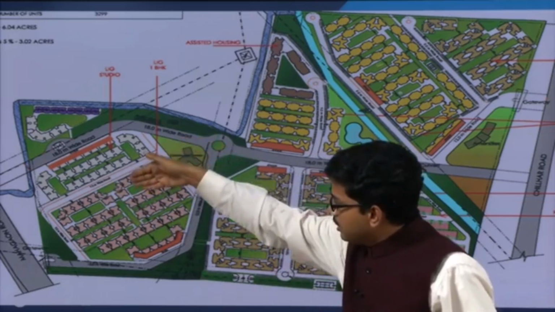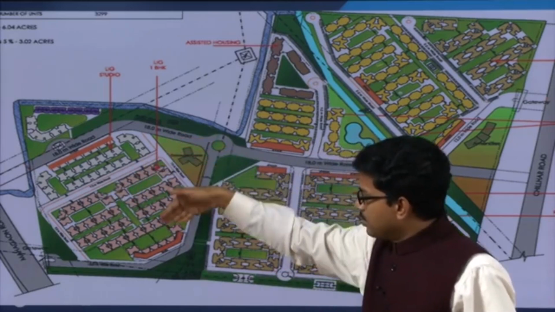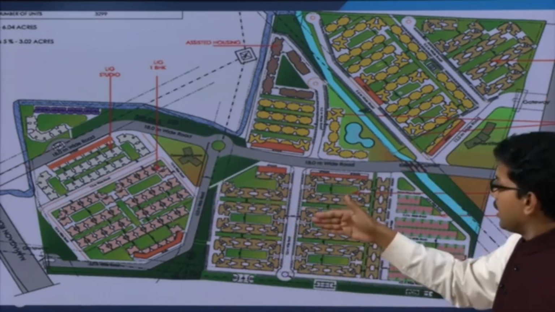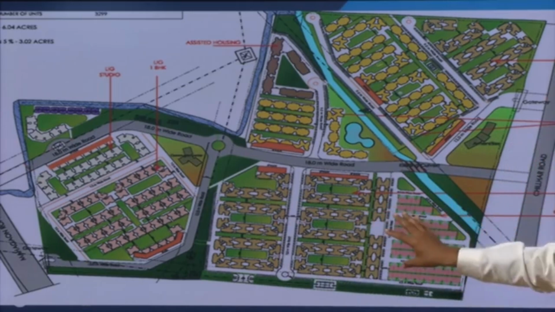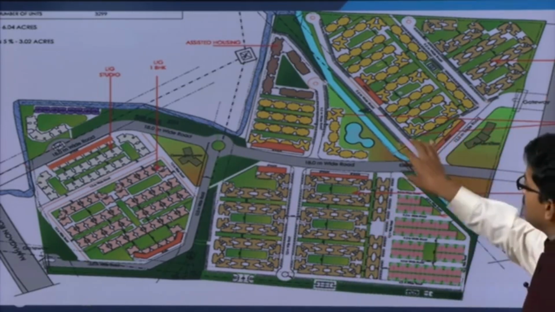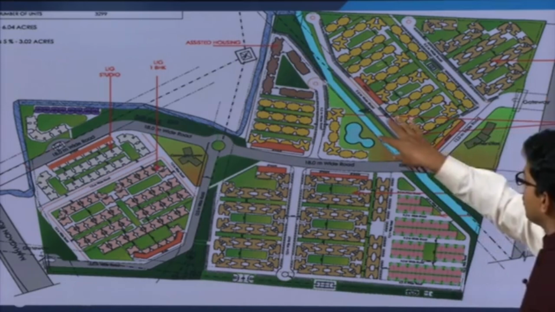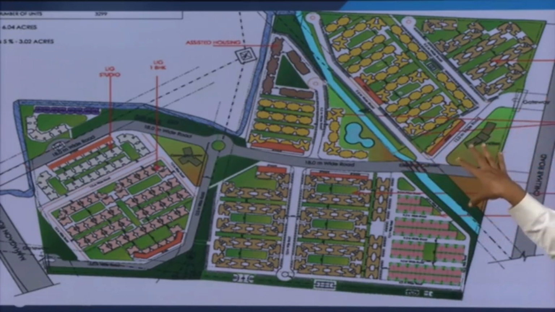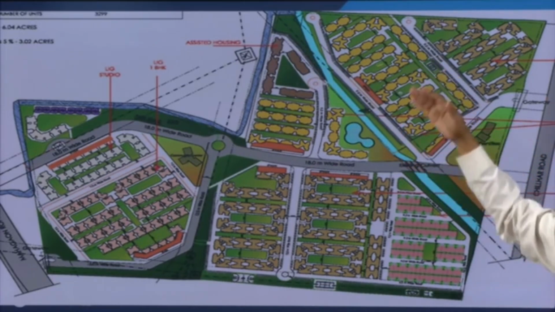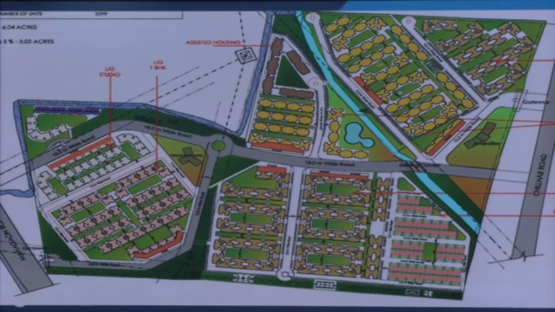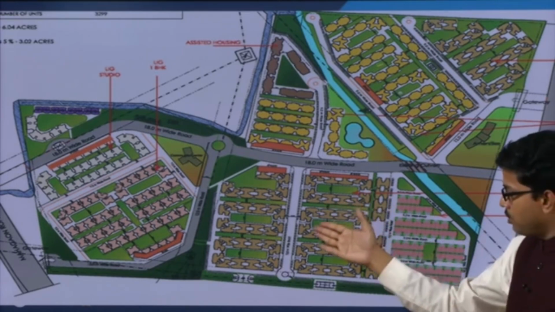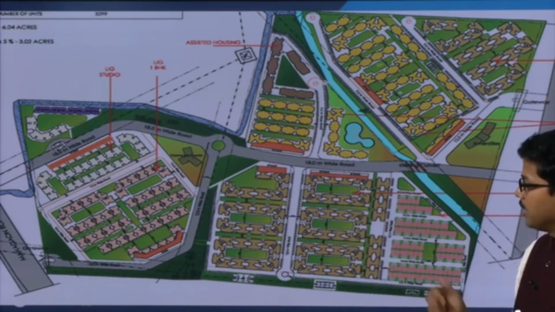Every cluster has one centralized green area inside the cluster, but apart from the cluster, there is a large amount of area which has other common facilities, shared by the group housing. So, this is one example. You can see how the clusters are formed around small green areas.